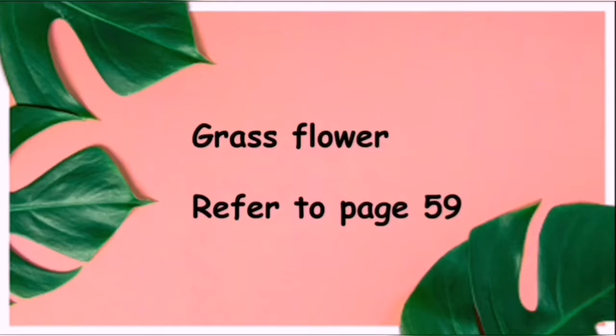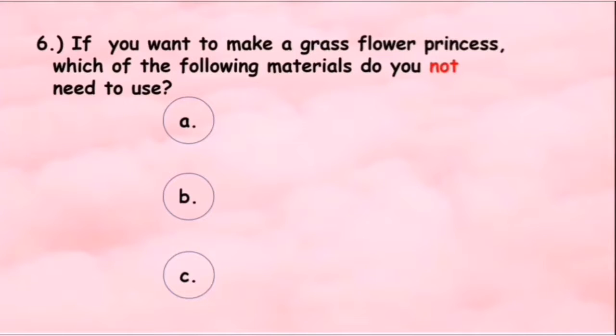So there in page 59, you can see an example of a grass flower. Okay? Question number 6. If you want to make a grass flower princess, which of the materials do you not need to use? So A, grass flower.